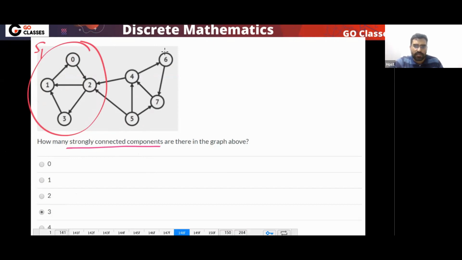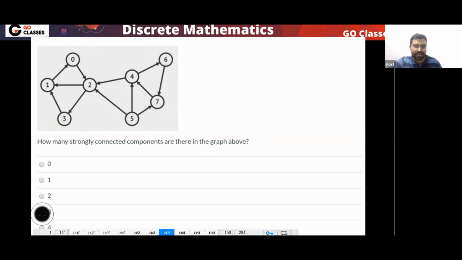You can notice that this is another strongly connected component S2, and this is another strongly connected component S3. So total 3 components you will have. The number of strongly connected components will be 3.